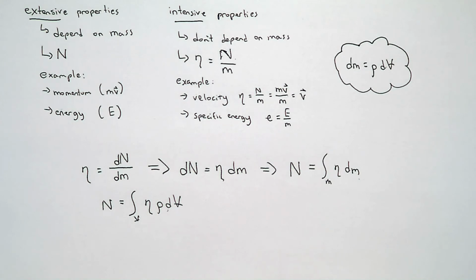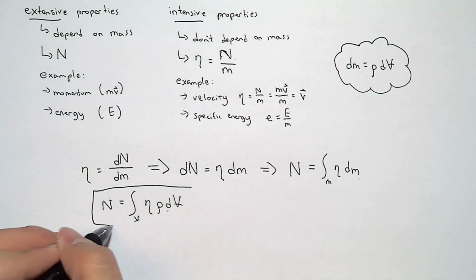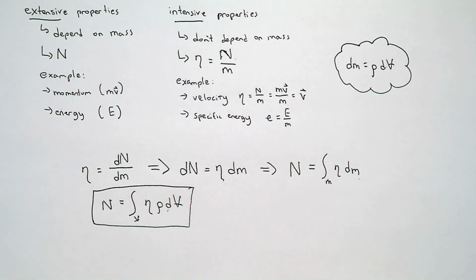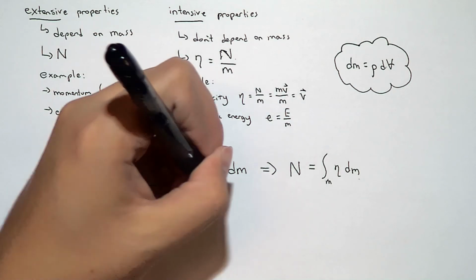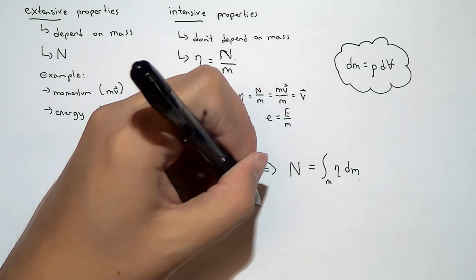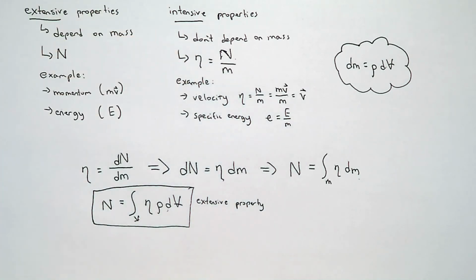That's the definition that I want you to think of when you think of extensive and intensive property relationships. Okay, so extensive property is simply the integral of eta times density times my tiny volume dV.